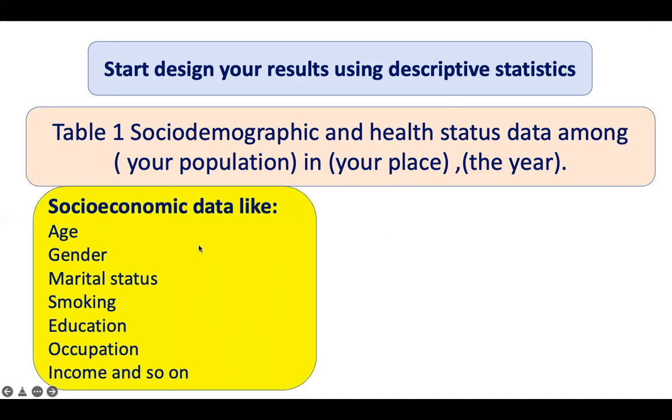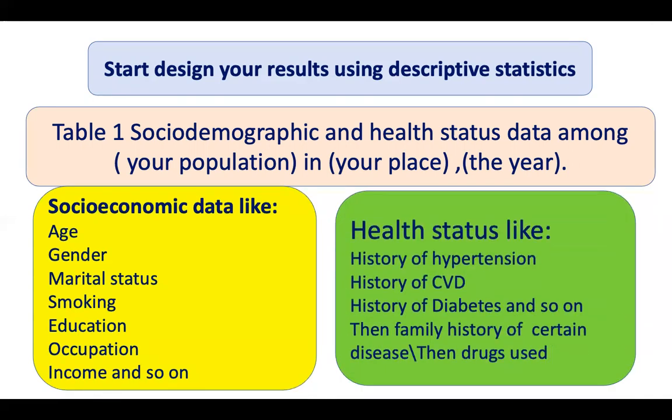What social demographic data? Like age, gender, marital status, smoking, education, occupation, income, and so on. What I mean by health status data, you can write it in any way you like, but this is a provisional title for your table. Health status like history of hypertension, history of cardiovascular disease, history of diabetes, and so on. But it also includes family history of the same disease.